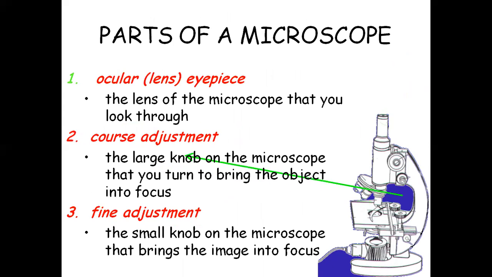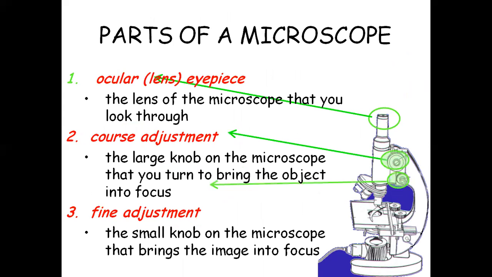So we can see the parts of our microscope one by one. First one is the ocular lens. We can call it an eyepiece, the lens of the microscope that you look through.